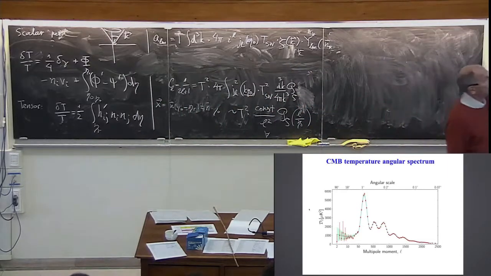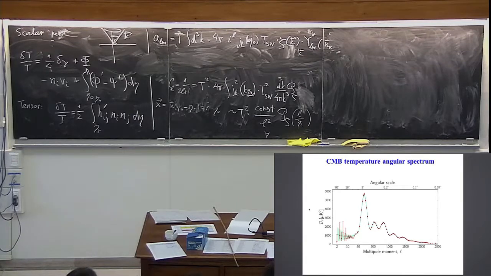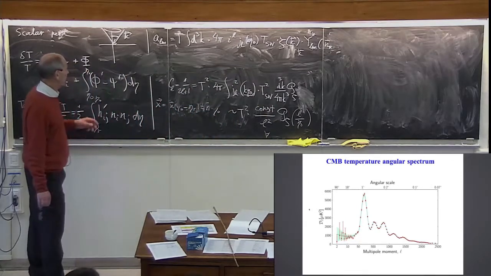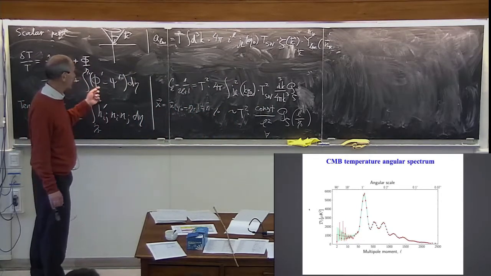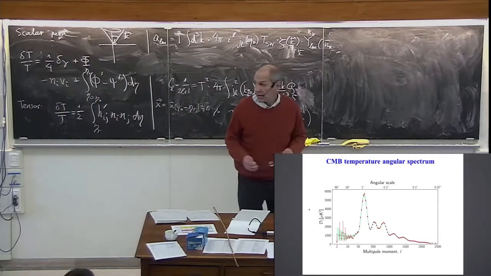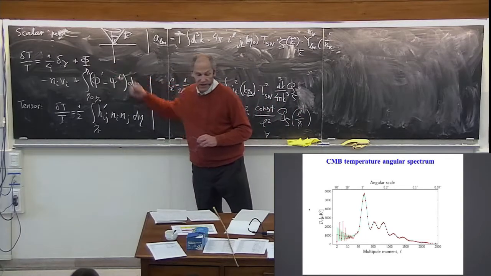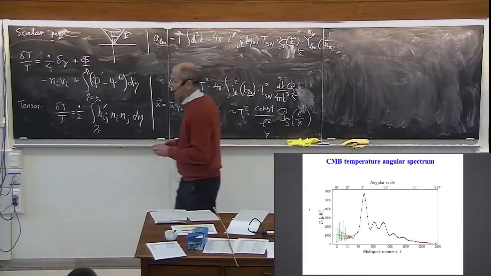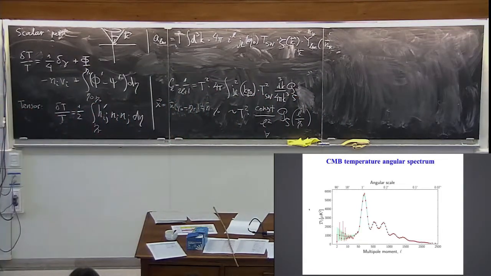So this green line is a prediction, and the fact that it goes upwards here is the effect of dark energy. This is the integrated Sachs-Wolfe effect at low multipoles due to dark energy, when again it's not matter domination and the gravitational potentials vary in time. So the Sachs-Wolfe effect, roughly speaking, is dominating, but with the precision of the data we have now, the other effects are of course important.